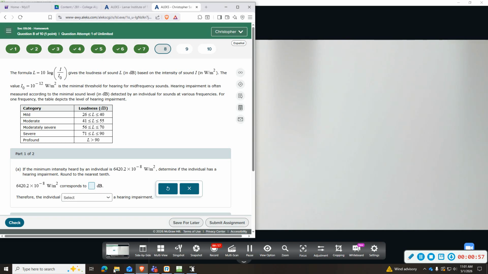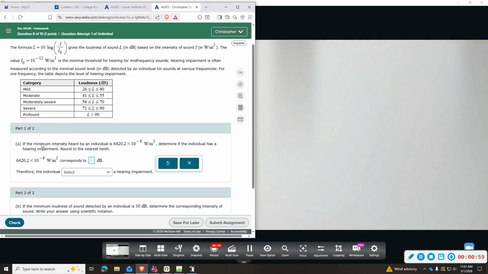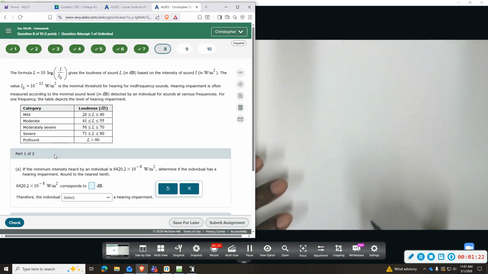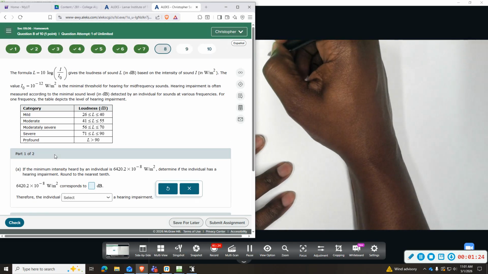And so, part A, it says if the minimum intensity heard by an individual is given by 6420.2 times 10 to the negative 8, determine if the individual has hearing impairment. We're going to round to the nearest tenth. So all we're going to do is use the formula given.